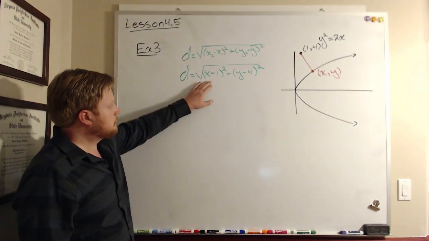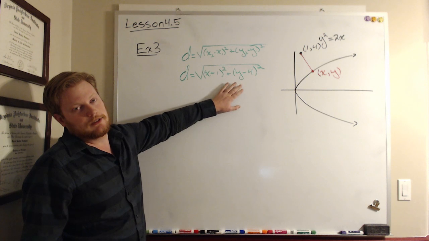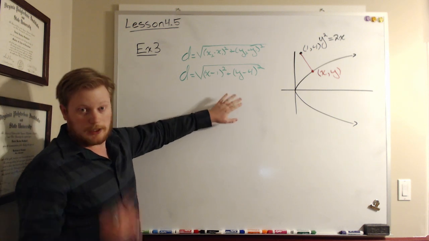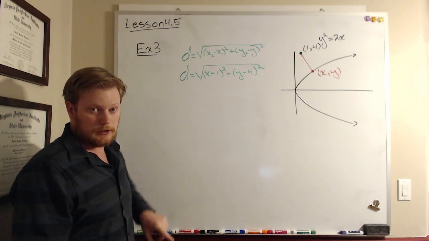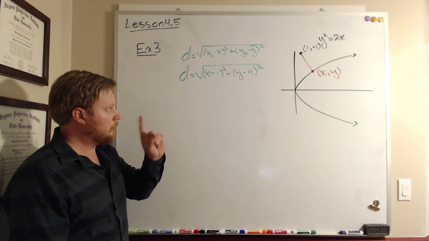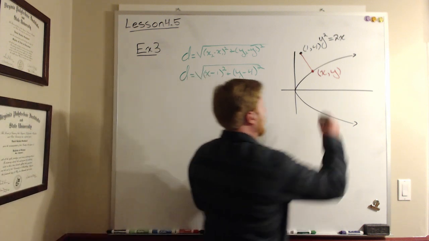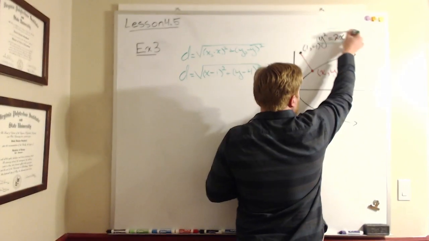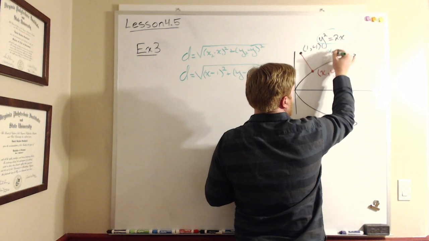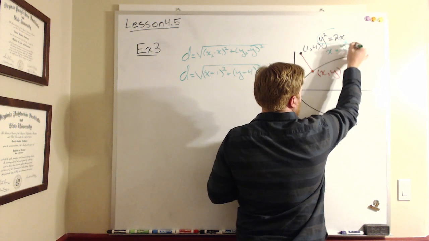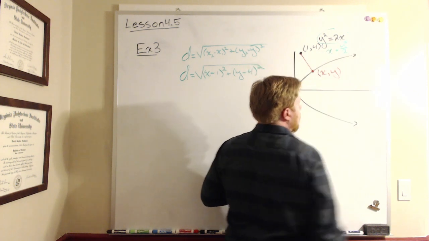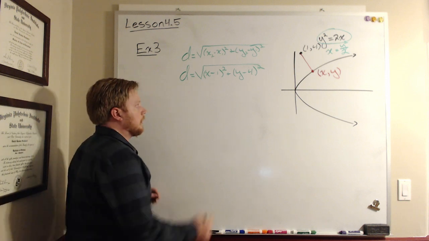But I've got 2 variables. I can't do anything with 2 variables. I need one function, a function of 1 variable. So I'm going to solve the equation that defines the curve for x, and then plug that into x.